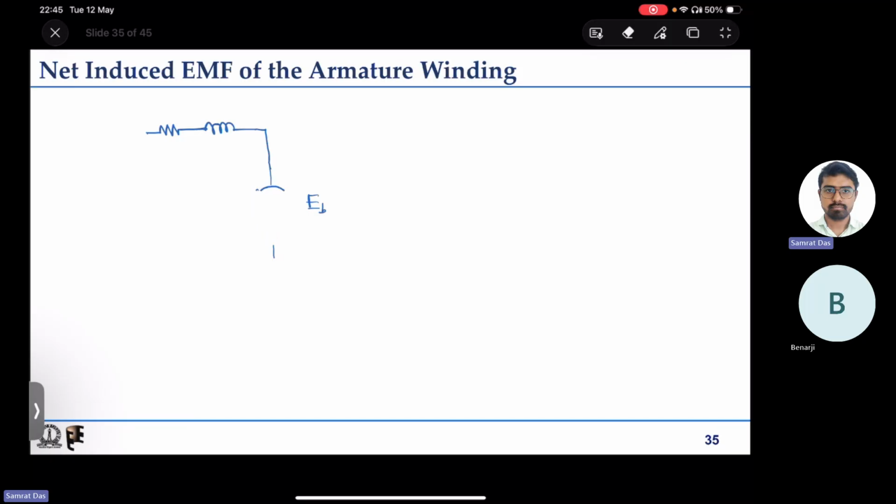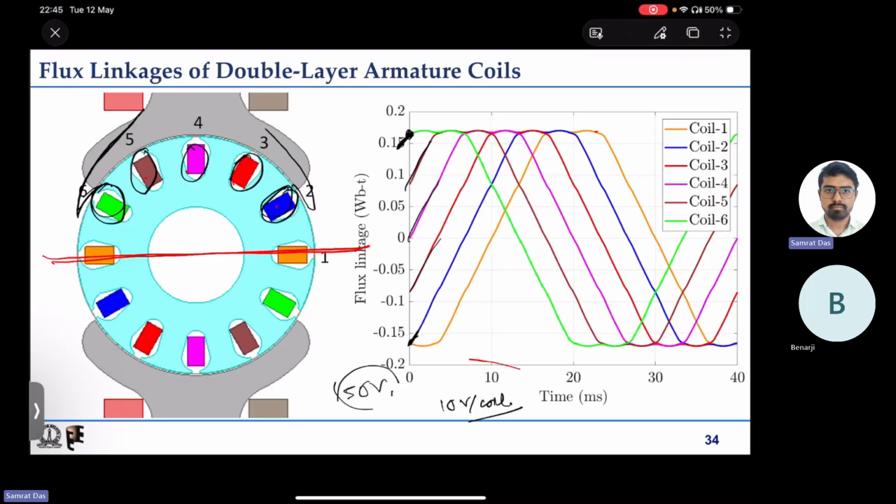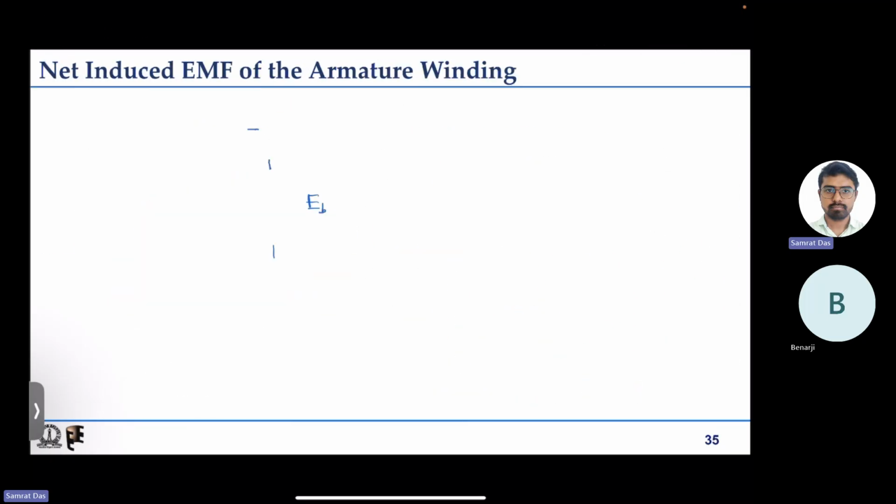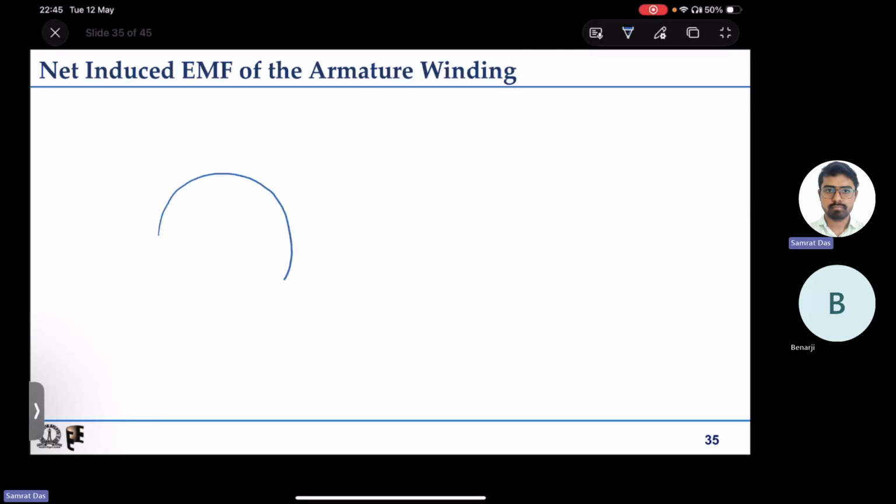Let me make a clearer picture, so that you know the asymmetry that I was talking about. So this is the rotor, this is the pole. One case where commutation is going on.